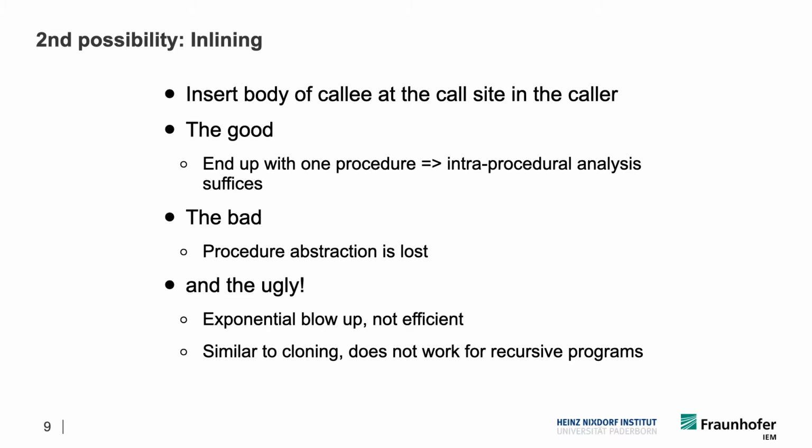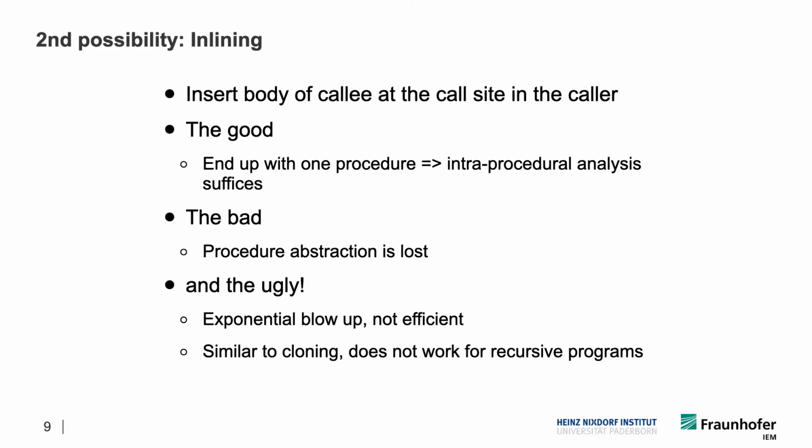Like I said, the good thing about this is you end up with a single procedure, so you can afterwards do a simple intra-procedural analysis, and we have all learned how this works, right? So you can just use your good old MFP-based analysis using the monotone framework, for instance.